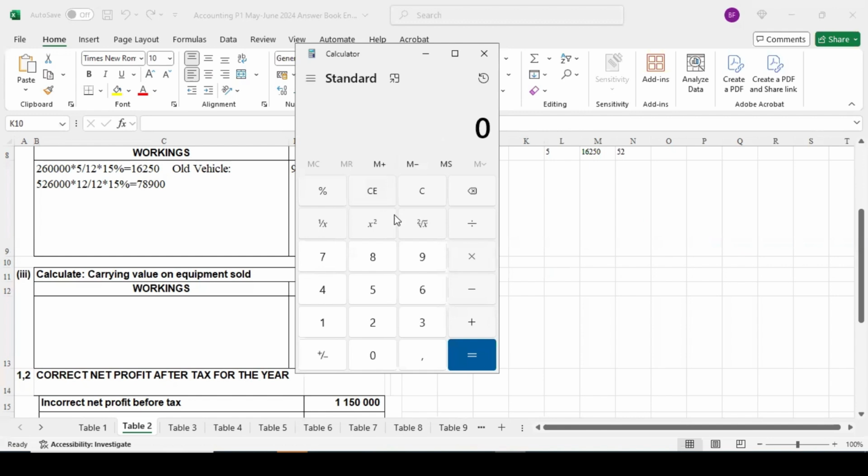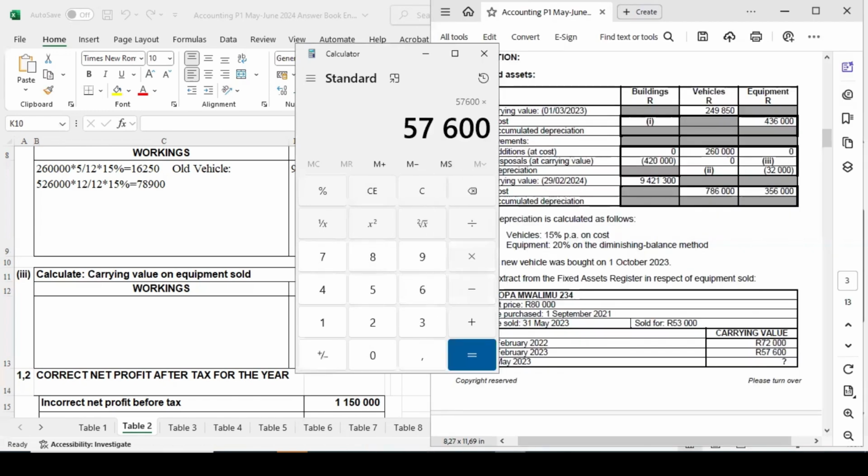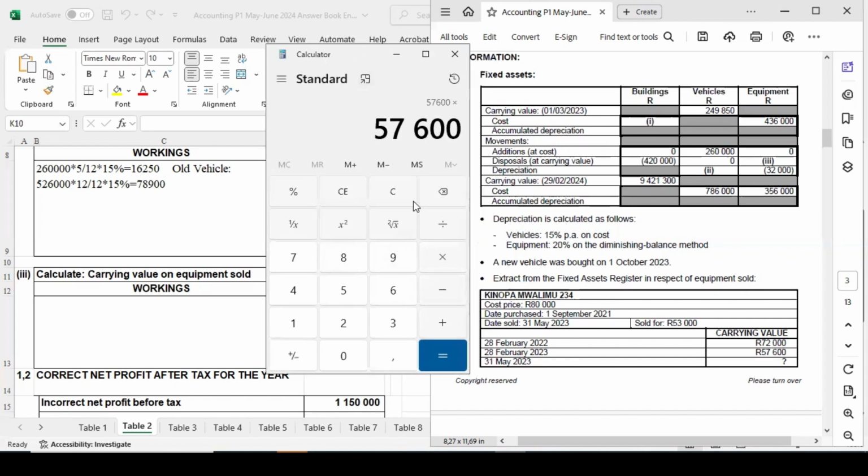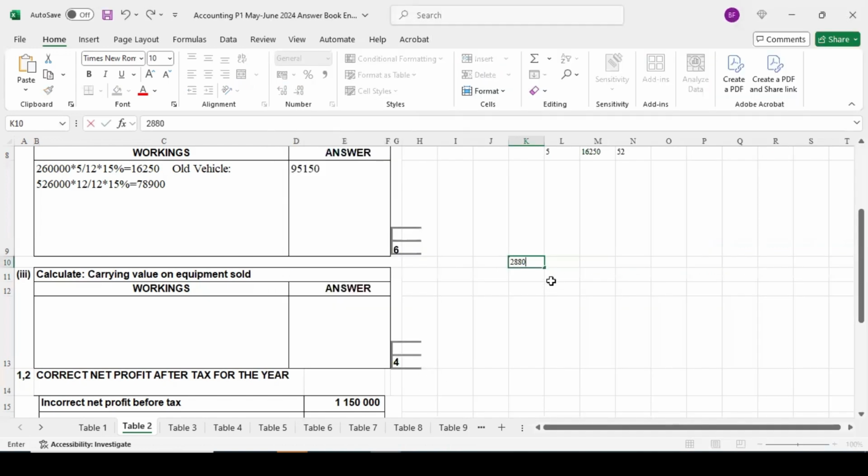Let me use my calculator. 57,600 rands times 20% per annum times 3 over 12, because the equipment had 3 months before it was sold. So it's going to be this amount. So it's 2,880. This 2,880 is the depreciation of that vehicle that was sold.